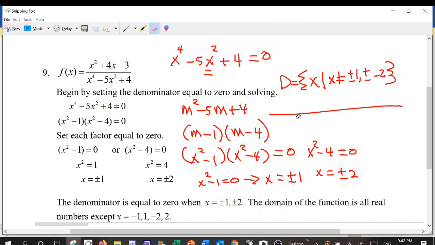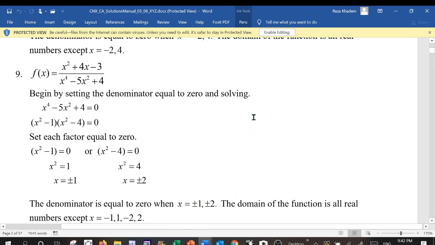Starting from negative 2, then you have negative 1, then 1, and then 2. You don't want any of these. So you're going to have 5 intervals with the union, right? That's how you write it, but you can write it this way, it's easier. Alright, so that's the domain for that function.